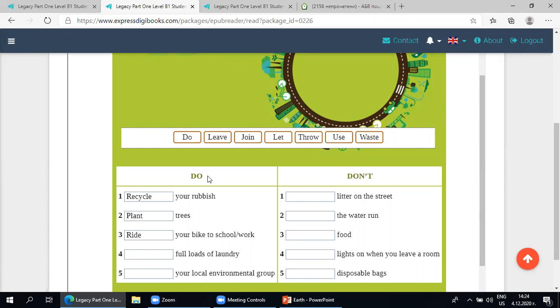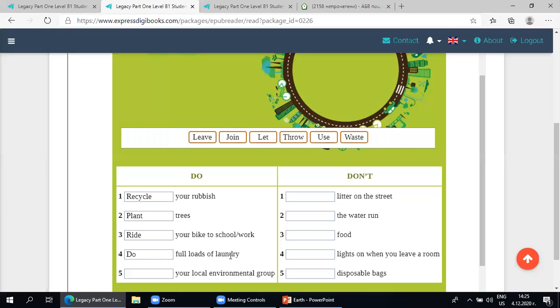Don't throw litter on the streets. Okay, we have 4 and 5 left. Do full loads of laundry. Do full loads of laundry. How can that help us, Mirela?